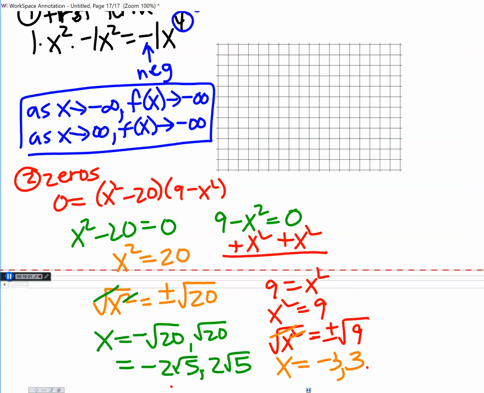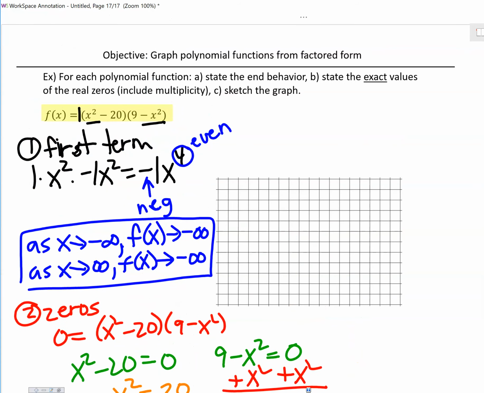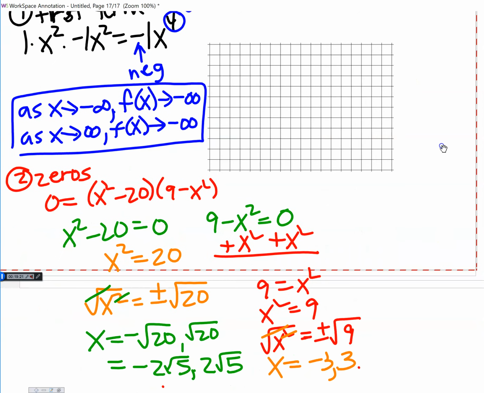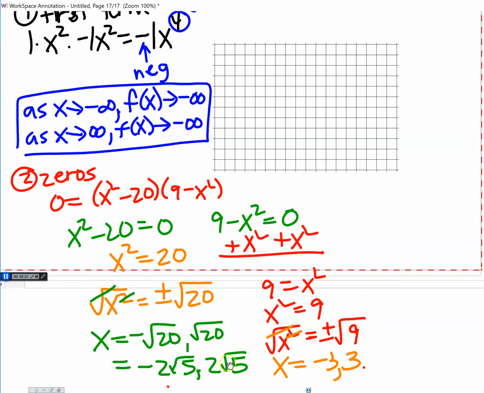So remember that your instructions said that for part B, you want the exact values of the zeros. And so here, we want to make sure that we use the positive and negative 2 root 5. Those are your exact values.